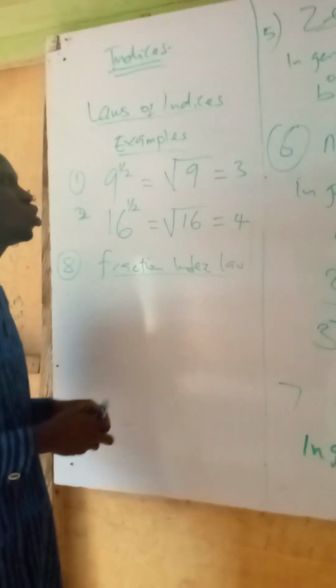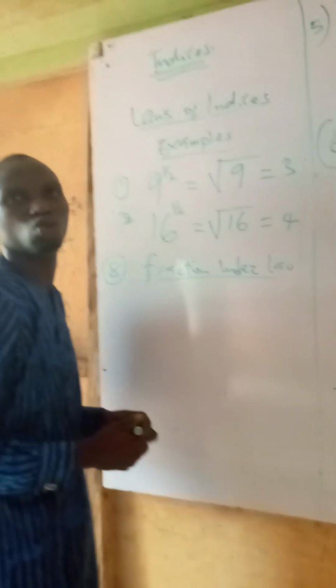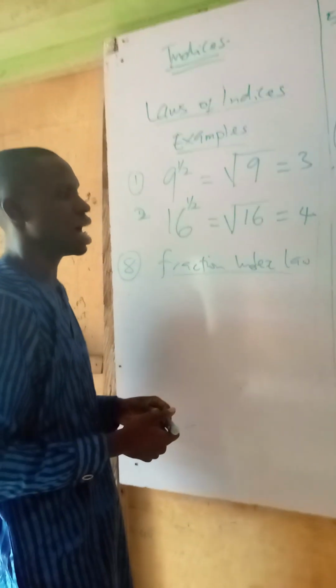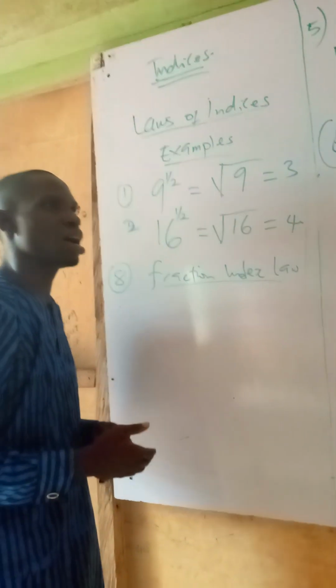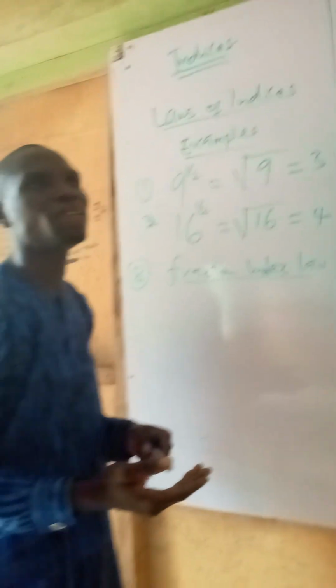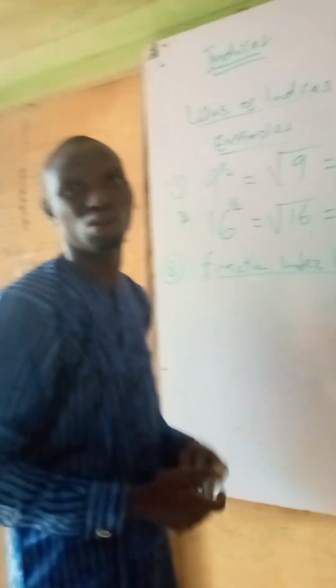But the fractional law is an extension of the root power law, and it tells us that there are instances where you have numbers that are raised to the power of a fraction. So how do we deal with that?